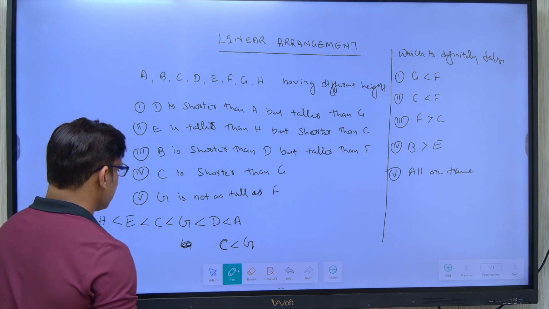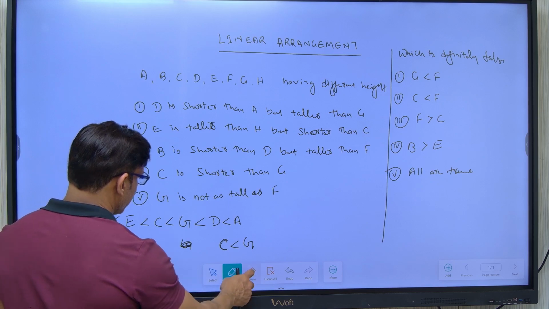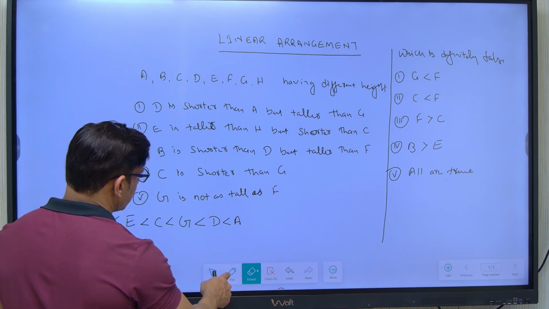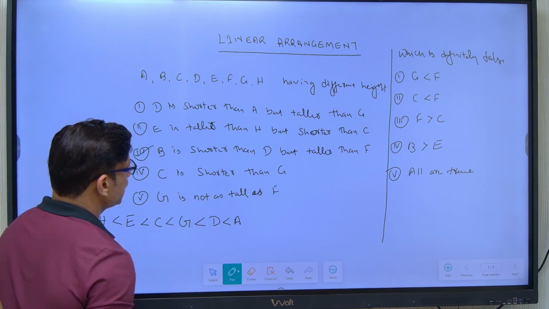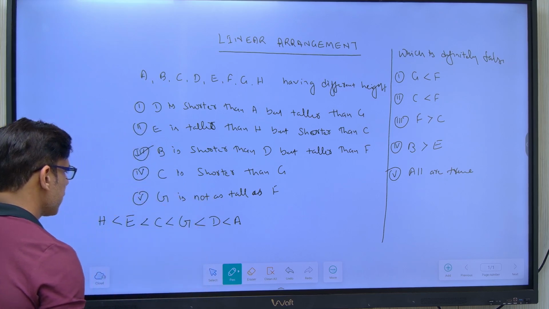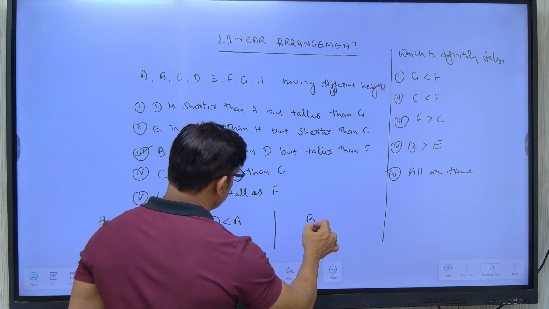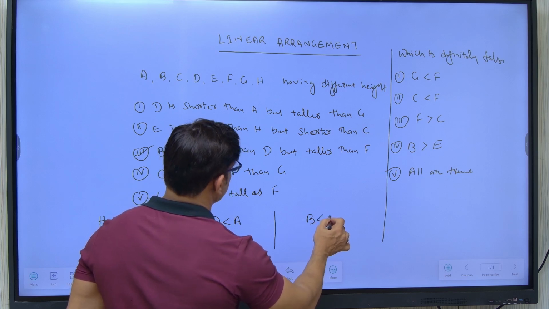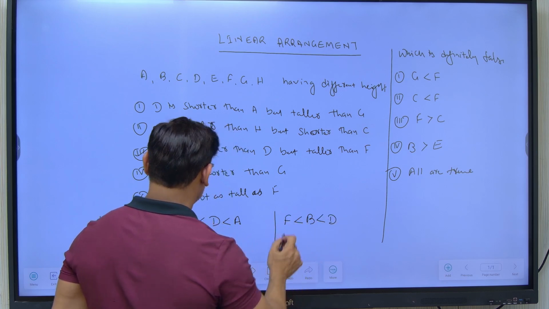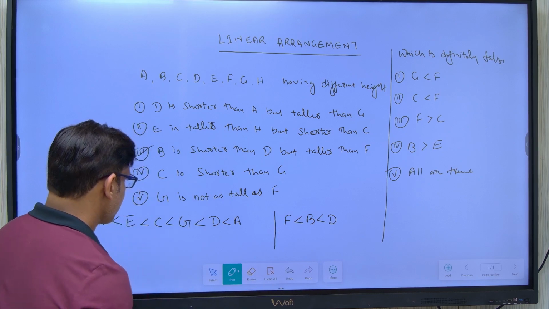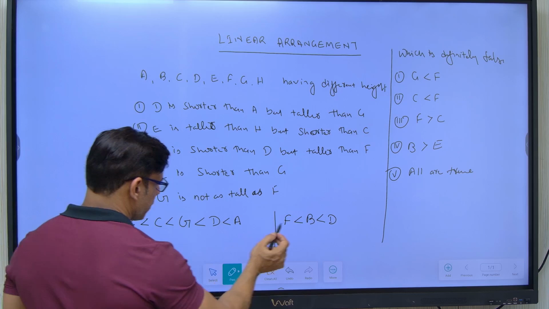B is shorter than D. Look at this line: B is shorter than D, but B is taller than F. D is here.